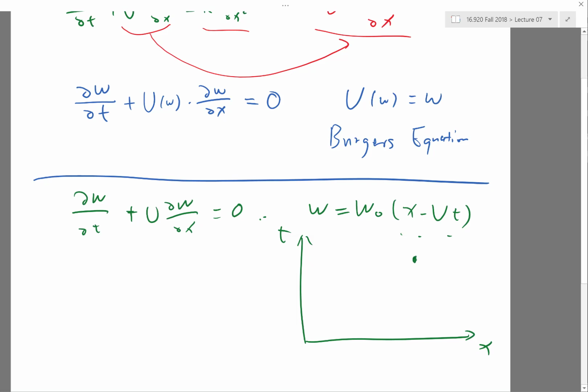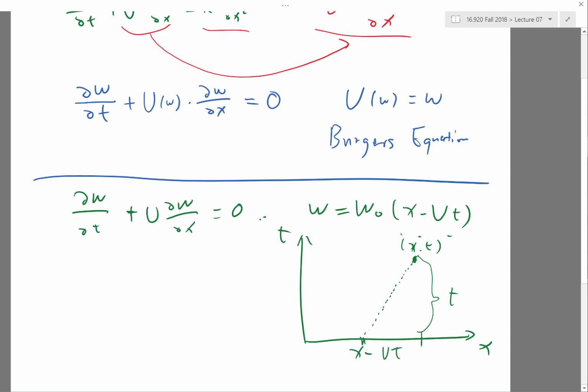X minus ut is basically you draw a line whose slope is actually 1 over u, and you draw a slope backwards. So basically the vertical axis is going to be t, and the horizontal axis is now going to be ut. So x minus ut, if this is xt, x minus ut is this point.